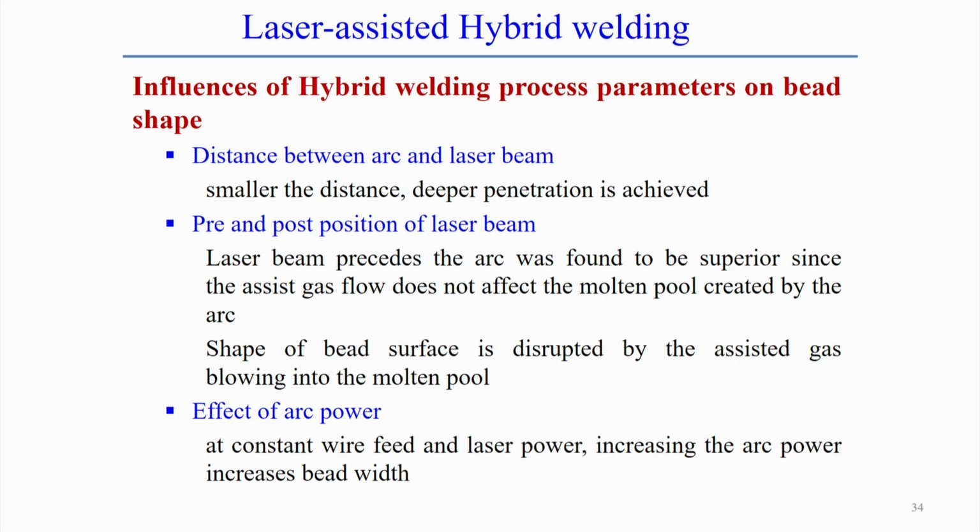The combined effect of the arc and laser will be more, and in this case we can probably expect a relatively narrow heat affected zone or narrow weld zone if the arc and laser beam are close to each other. If they are far away, the effect may not be beneficial. So, the smaller the distance, the more depth of penetration we can achieve.